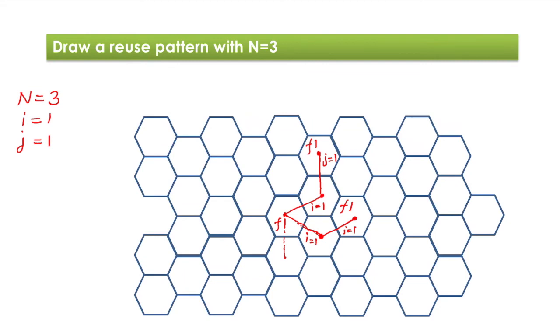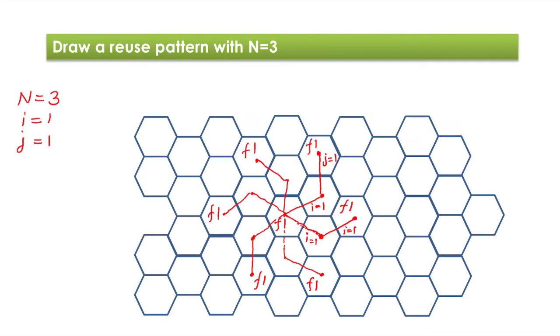So this is i equal to 1 and this is j equal to 1. So this is f1. Similarly, on this side i equal to 1 and this is j equal to 1. So here I can place f1. Now the last side, so here we can place f1.